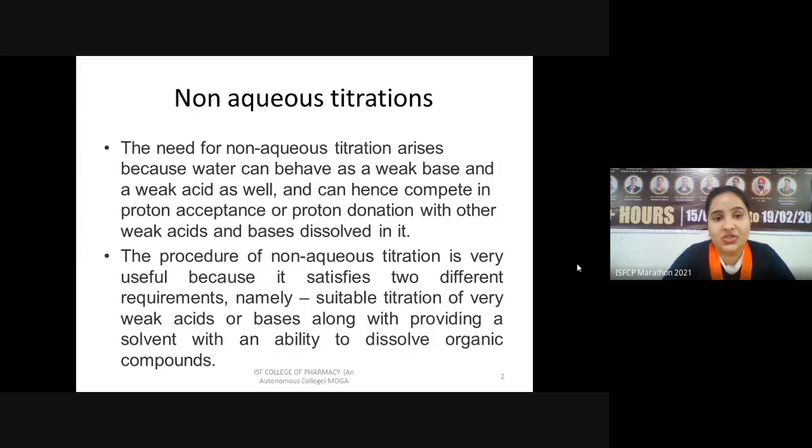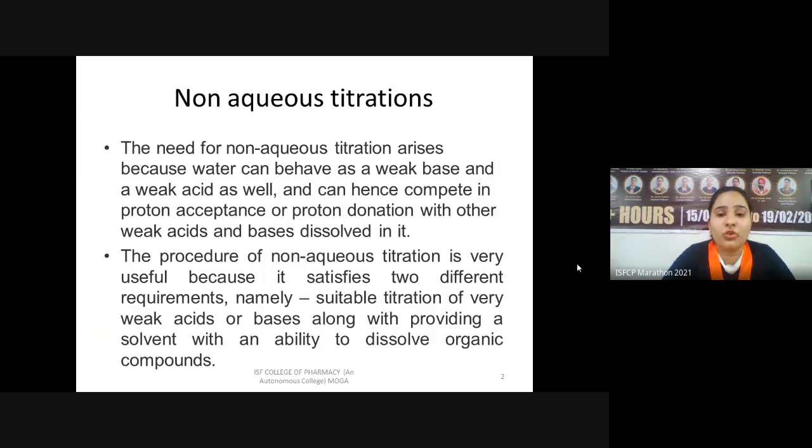So the need arose because the H positive and OH negative ions resulting from the dissociation of water compete in proton acceptance or proton donation with other weak acids and bases.